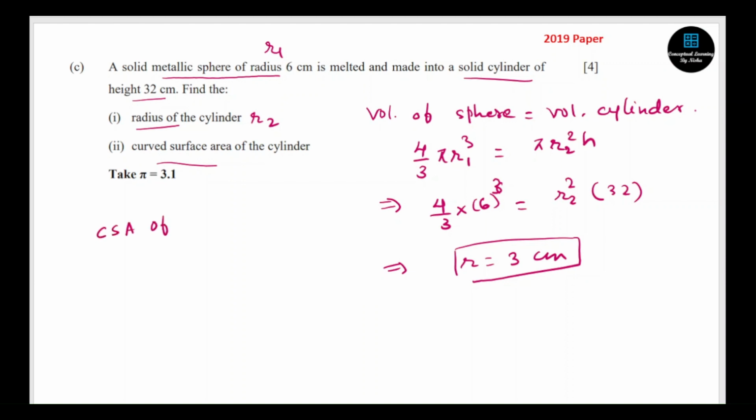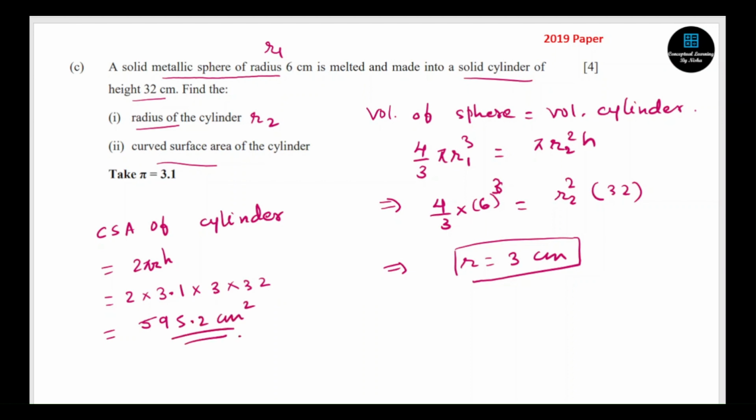So CSA of cylinder equals 2 pi RH. Substitute all the values. Very simple question, 4-marker. Make sure you are not making any calculation mistake over here.